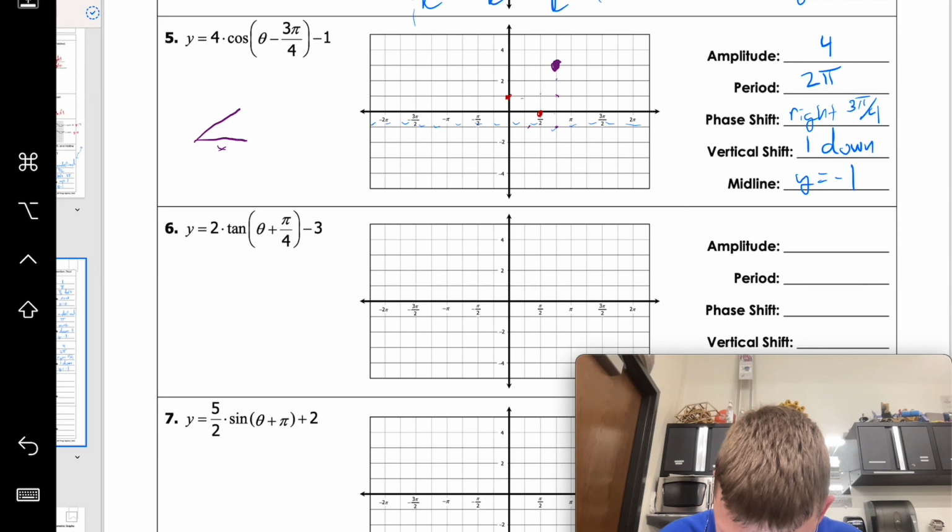So 1, 2, 3. And then a vertical shift down. Oh, so then this would be our new point.